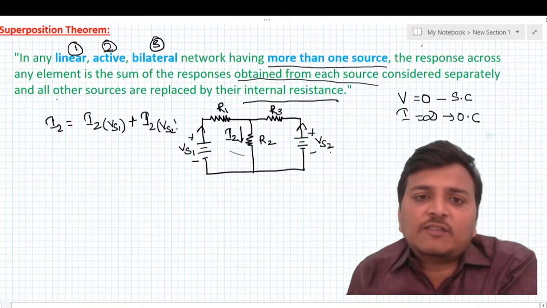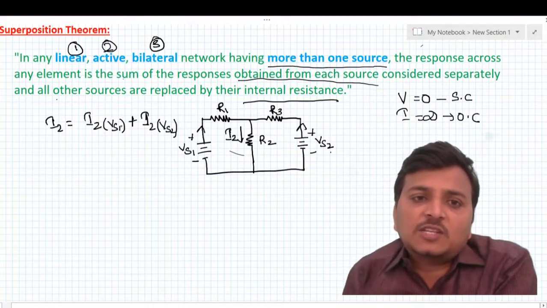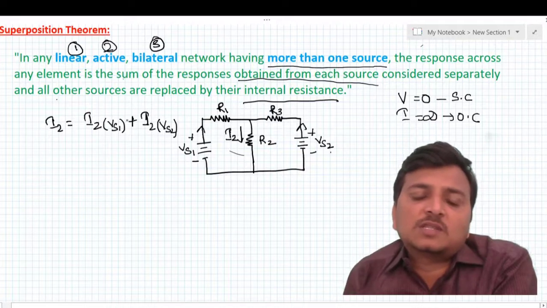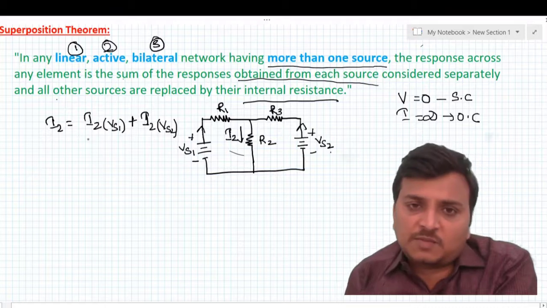This is the simple definition: by adding the individual responses of the element for each source, you get the total response.